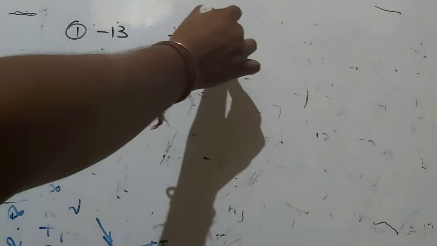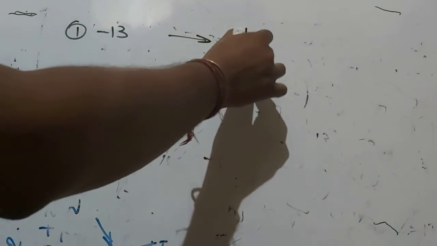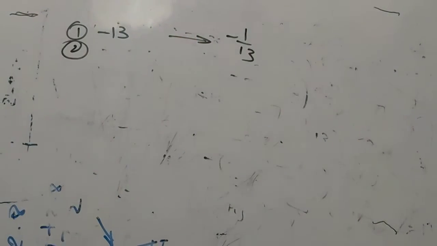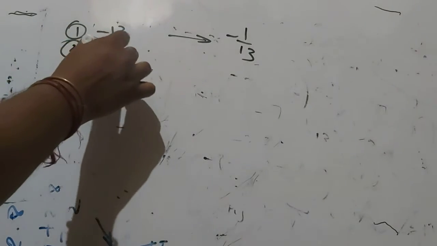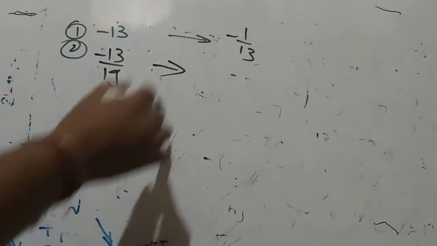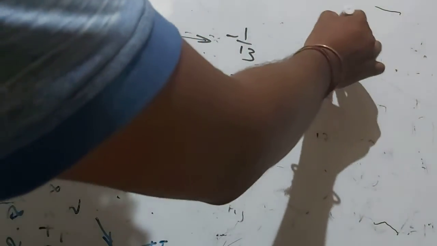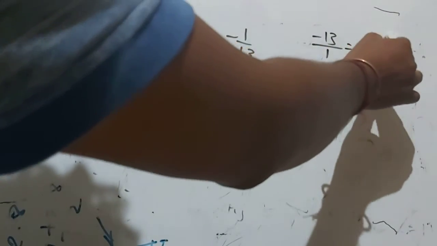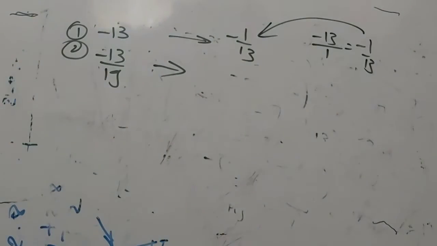In that, first is minus 13. So its multiplicative inverse will be what? Minus 1 by 13. Second, minus 13 by 19. Actually, if you are not understanding this, minus 13 means minus 13 by 1. Its multiplicative inverse means minus 1 by 13. So we got this.